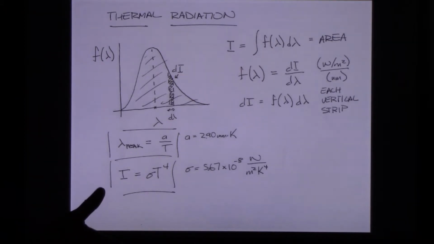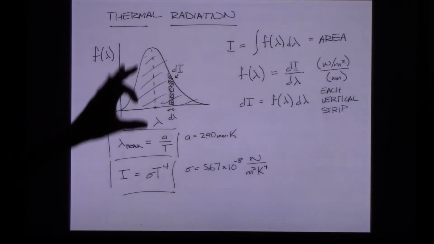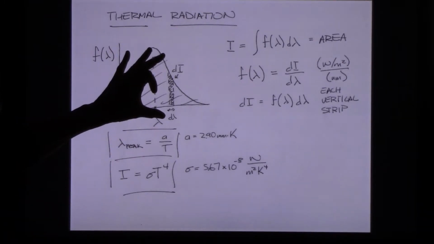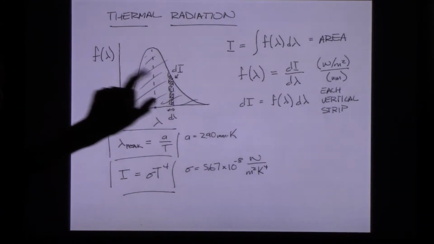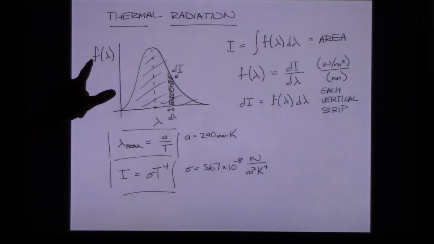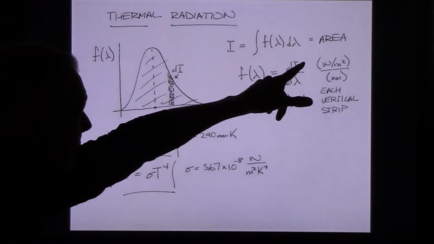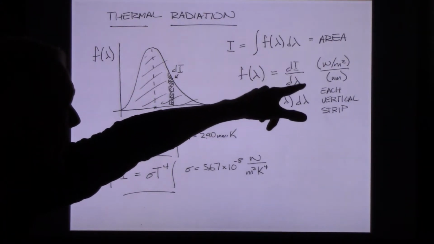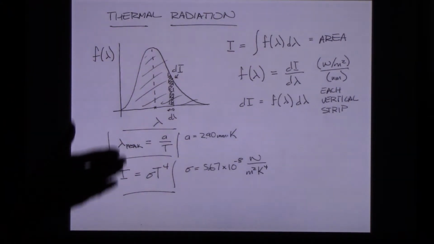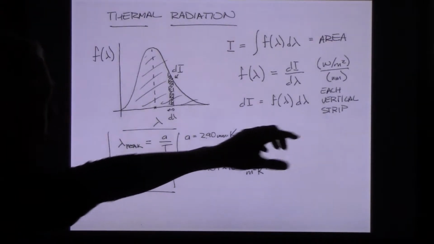So if I look at the range of wavelengths within 1 nanometer of 400 nanometers, maybe between 400 and 401, I can calculate the intensity there by looking at this function. That's actually what this function tells us. It's the intensity, watts per square meter, for, say, each nanometer vertical strip.